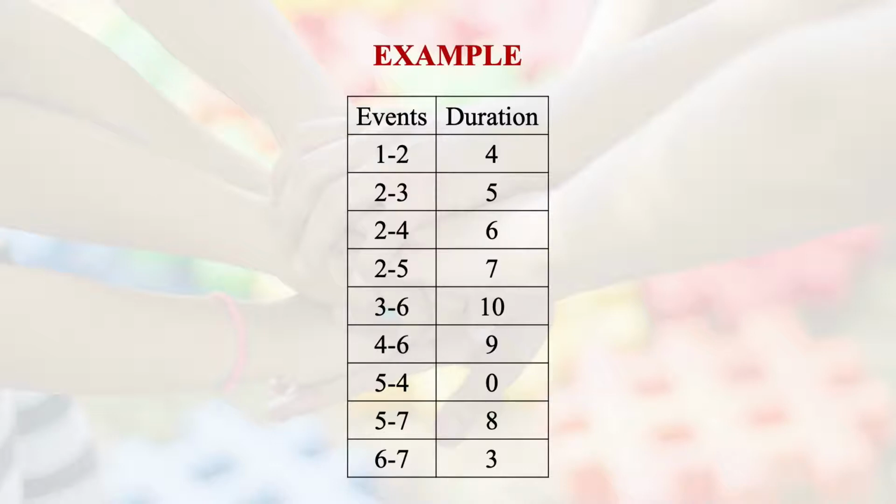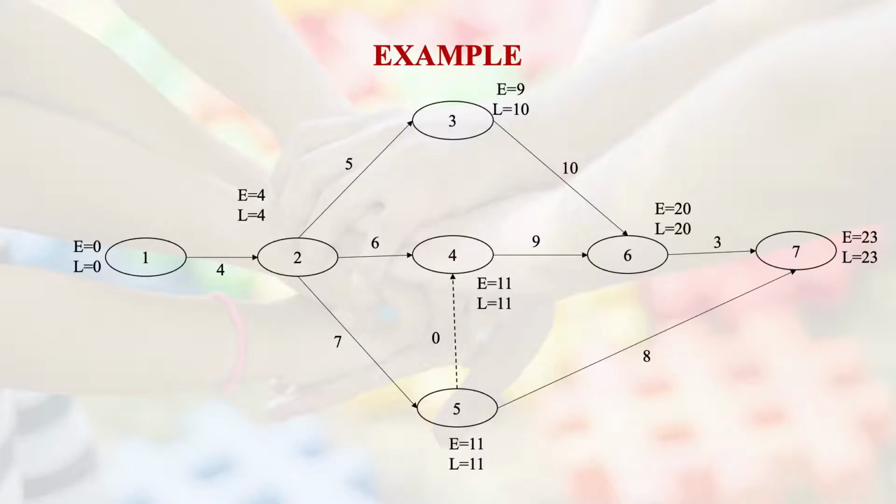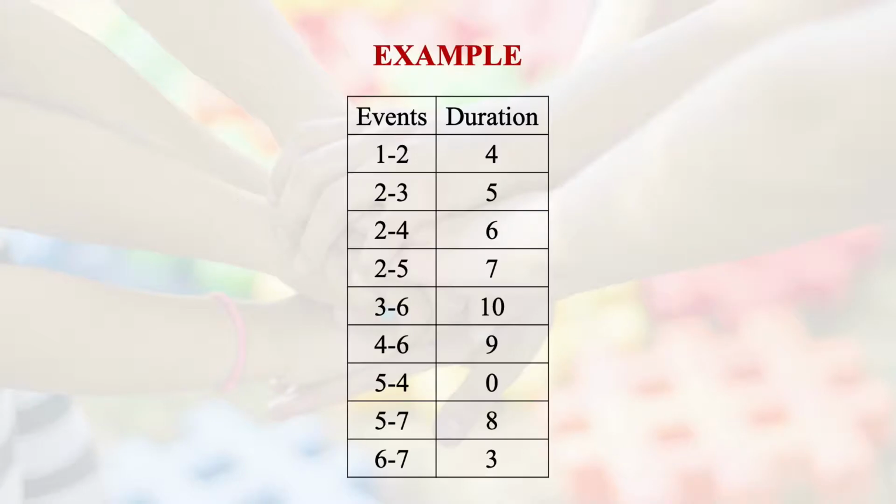Now how will the network diagram for this look? Well, you can directly see over here the circles are showing the events. There are 7 circles, named 1 to 7. Okay, so these are the 7 events, and there is an activity from 1 to 2 which is taking place.